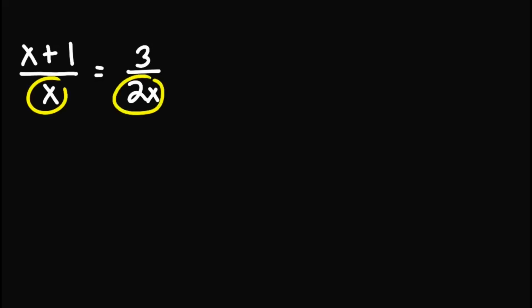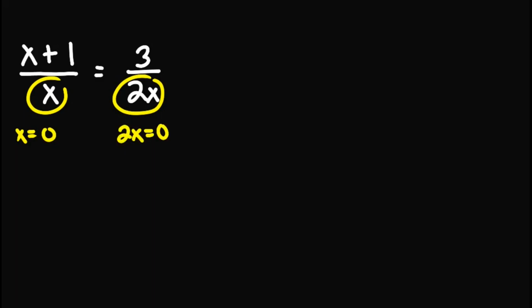Let's go on to our second example. Let's have x plus 1 over x equals 3 over 2x. Again, the first step is to determine the domain of these expressions. So by looking at the denominators, when will these denominators be equal to 0? Well, if we have x equals 0 or 2x equals 0.